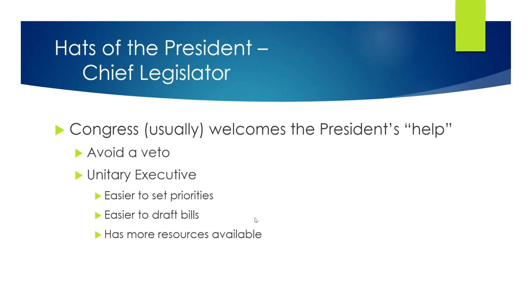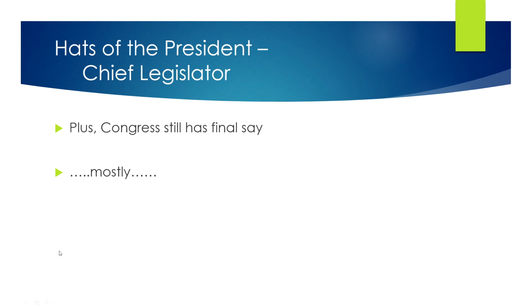So it's just simply easier in some ways for the president to do Congress's job, even though, again, it's still Congress's job, even if the president is doing it. But Congress can always say, hey, we're the ones that have to actually pass this law. We're the ones that have to fund that law, right? So at the end of the day, Congress still is, quote unquote, in charge of creating legislation.